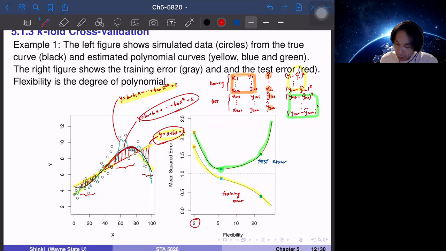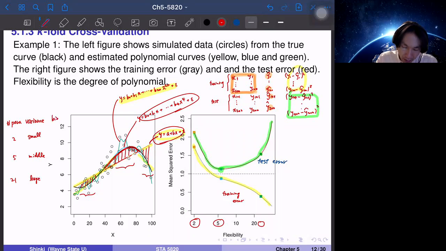Yeah, so maybe in short, this has 2 parameters, 5 parameters, 21 parameters. So the number of parameters is 2, 5 and 21. The variability, or variance: this is the smallest, this is in the middle, and this is large.